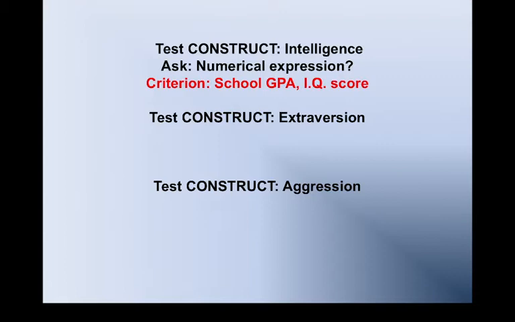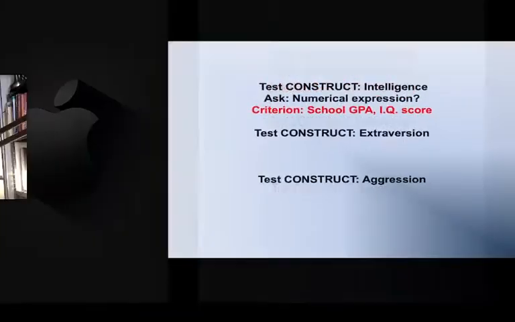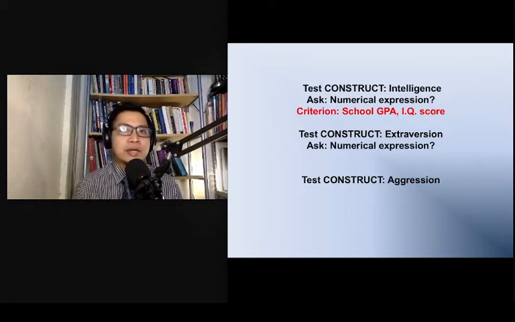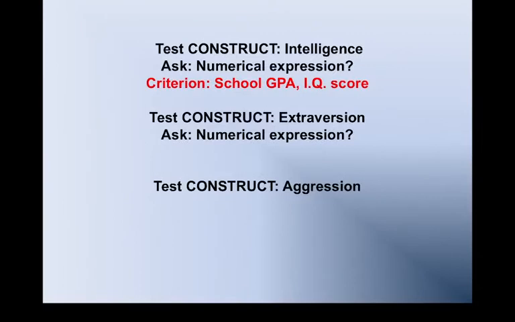Or yung grade niya sa isang IQ test, that is also a criterion of intelligence. Or siguro kung dadagdagan mo pa yan, pwedeng the number of books that the person has already read. So again, criterion is the concrete or the numerical expression of the construct. Another example, extroversion. Ano ang posibleng numerical expression ng extroversion? When you see this number, pwede mong masabi na ito ay isang indication kung gaano ka-extroverted ang taong ito.